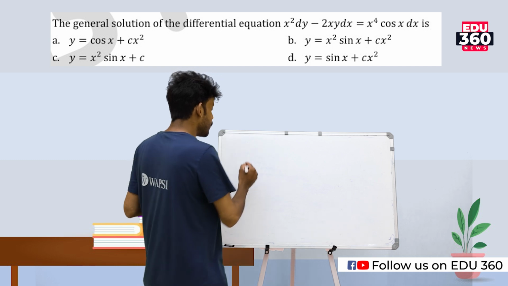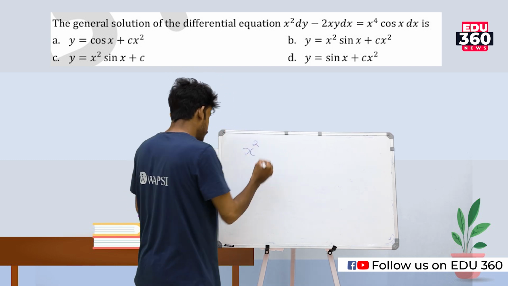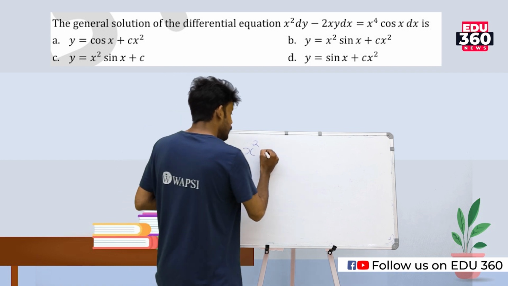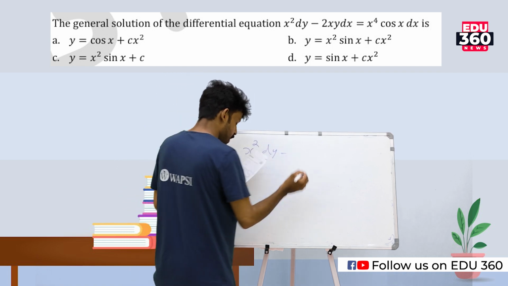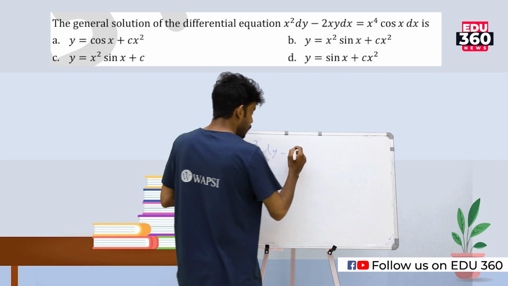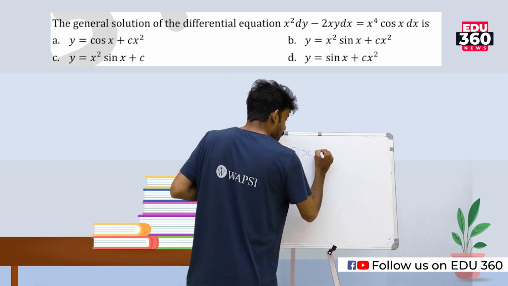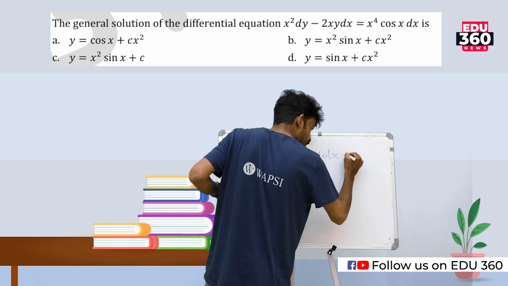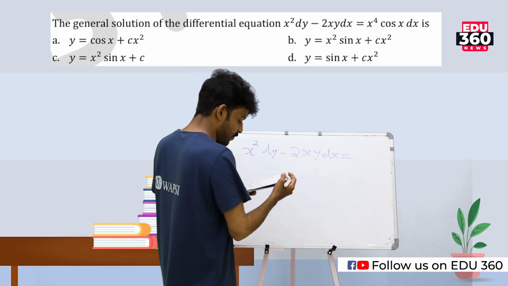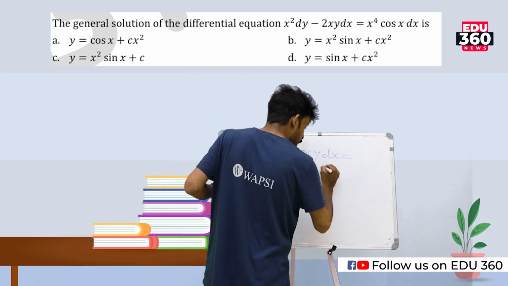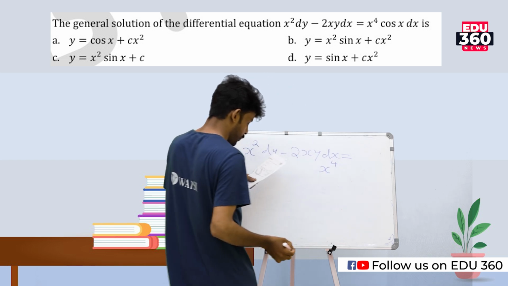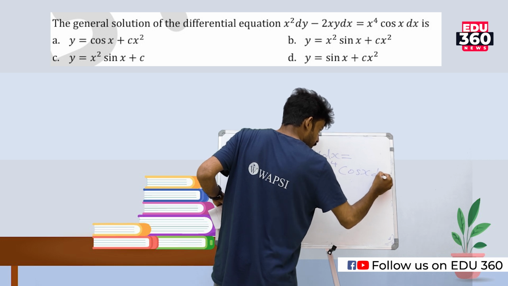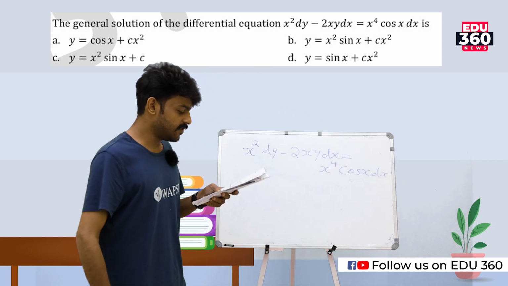So in the question it's given as x square dy minus 2xy dx is equal to x raised to 4 cos x dx.